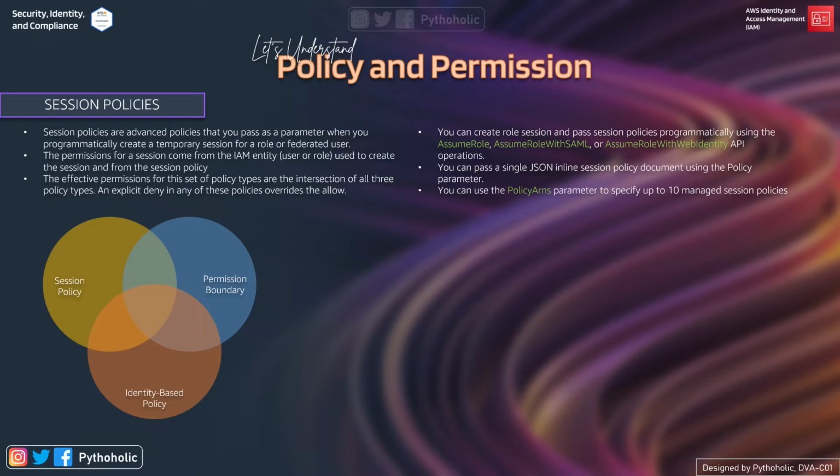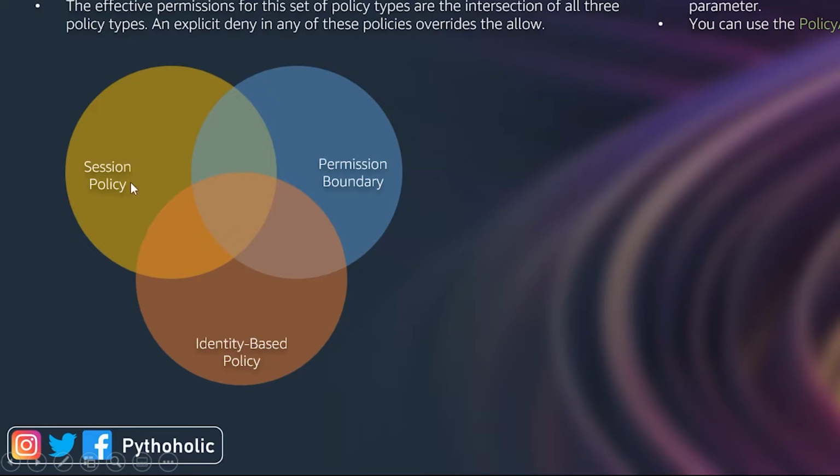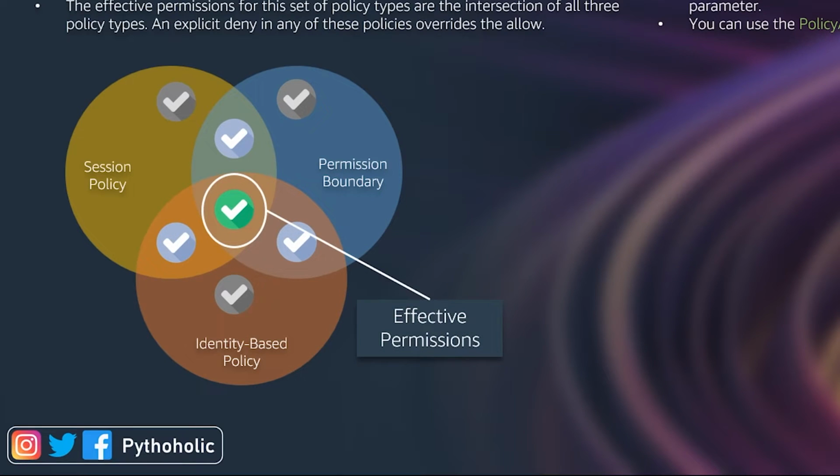And here also we have a concept of the effective permissions for this set of policy types. And these are the intersection of these three policy types, which are the session policy, the permission boundary itself, and the identity-based policy. And the intersection defines the effective permission for the session policy. And an explicit deny in any of these policies overrides the allow.